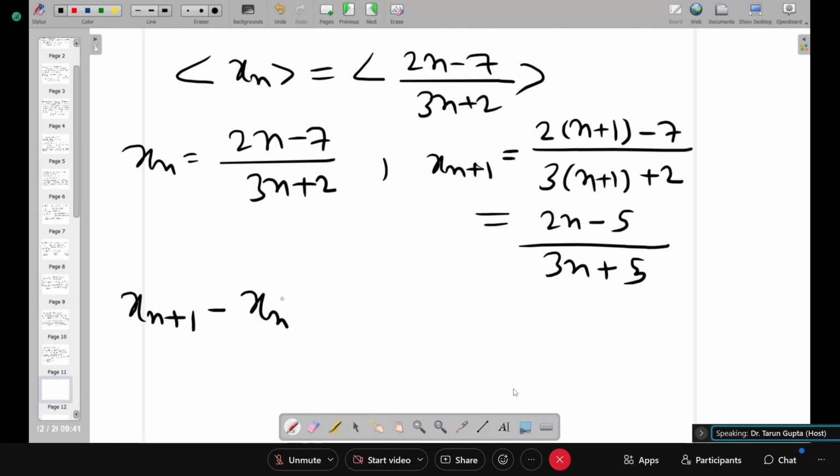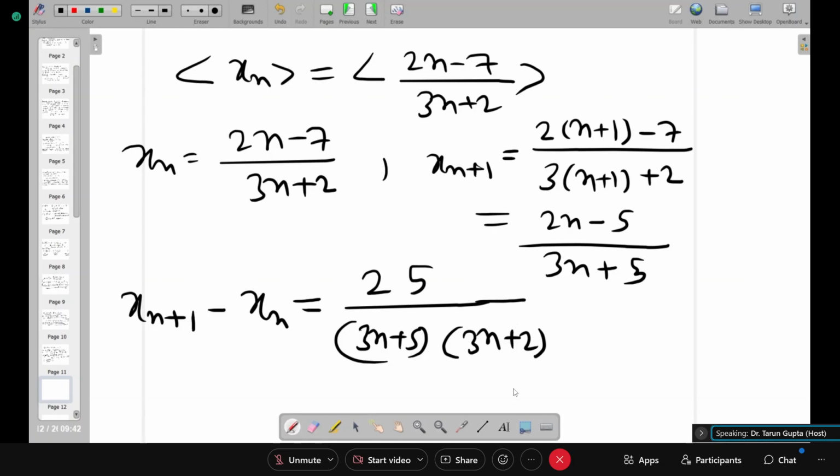After subtracting this, you will get 25 upon 3n plus 5 into 3n plus 2. Now here you can see for all values of n, this is always greater than 0.